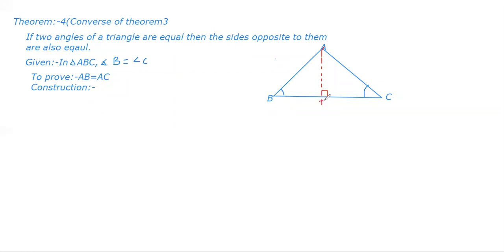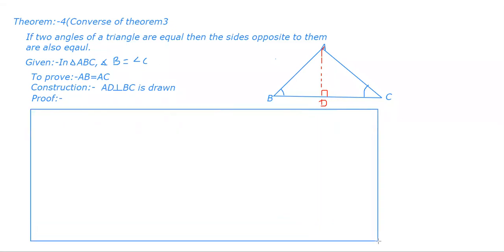AD perpendicular to BC is drawn. Now, next part, proof. For that, we have to prove that these two triangles are congruent at first.